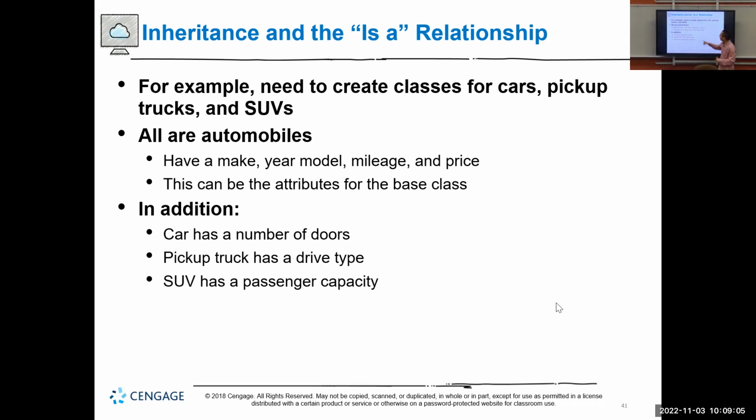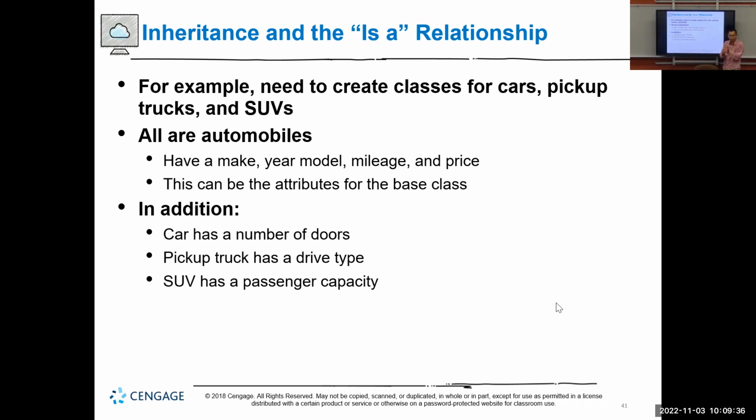In the automobile, they have the make, a Honda or Toyota, whatever it is. You have the year model, mileage, and price. They are the attributes of the base class, the super class here. So basically, you just generate one super class, automobile, and in that you have the 4 attributes: make, year model, mileage, and price.